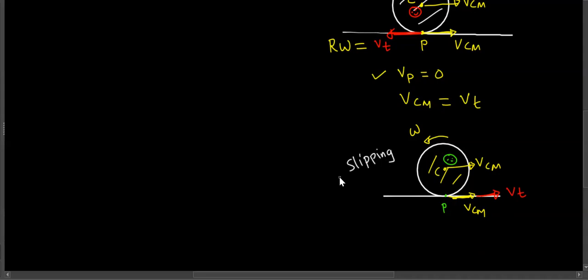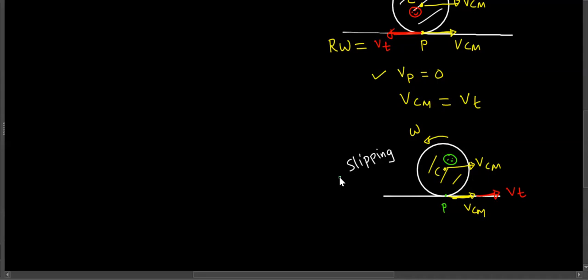So what is the condition for pure rolling? If you look at the point that is touching the ground, that should have velocity of center of mass and tangential velocity directed in opposite directions. That is number one.